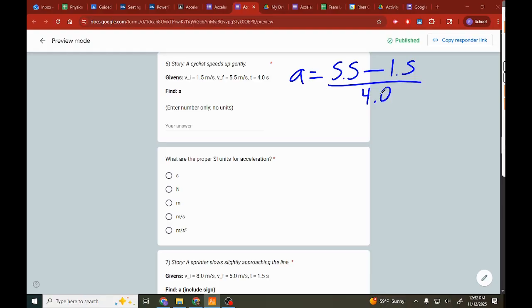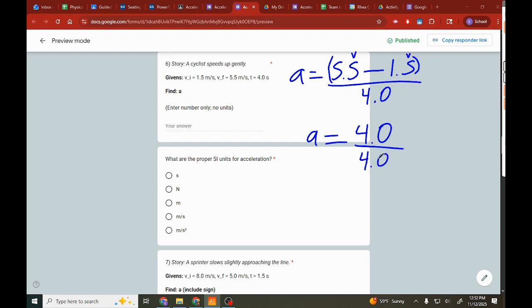Since they all have the same level of precision, you could probably get by plugging this straight into your calculator, as long as you remember to put parentheses around that. But to be on the safe side, I'll do it step by step. 5.5 minus 1.5, that gives us 4. But since these numbers were known to the tenths place, I'm going to say 4.0, so that is also to the tenths place.